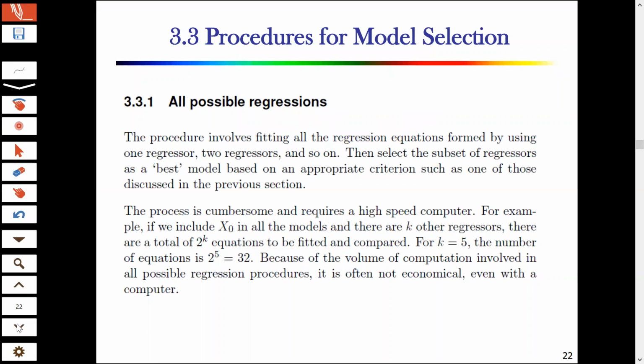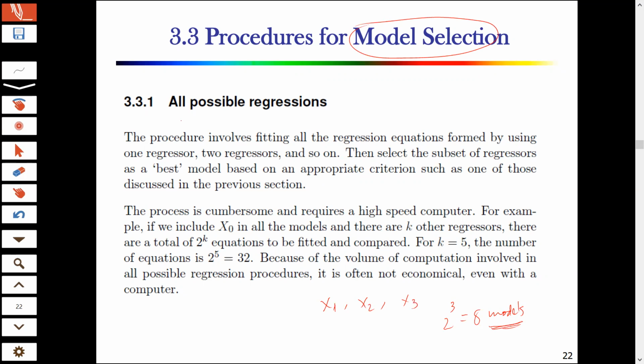Now in part 2, we'll discuss how we can select the best model. As I said, if we have so many independent variables, let's say in the previous example we had 3 independent variables, basically we have 8 models. Now we know how we can select the best model based on the previous criteria.